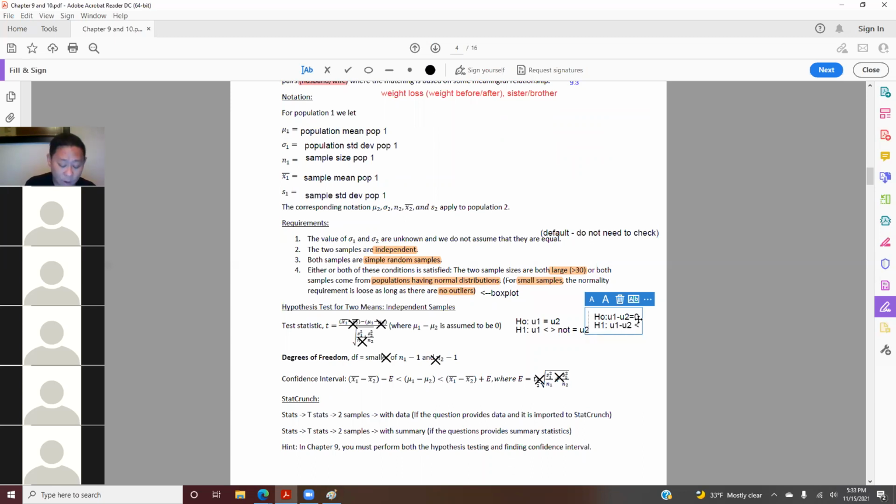Make sure that if you write one way, you follow that one way. You can do this way or this way, up to you. Mu1 minus mu2 equals 0. I think your online homework, when you do your StatCrunch, is using this way. They are the same.